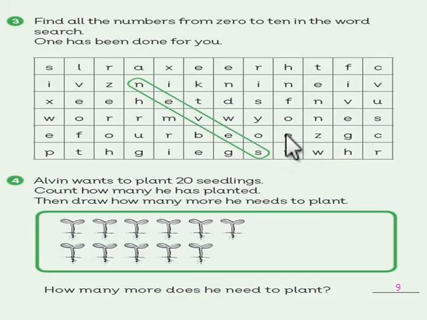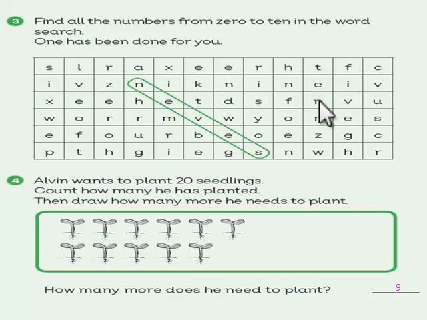T-W-O. Where's T-W-O, 2? Can we find number 2 here? Where are you, number 2? T-W-O. Let's find letter T. Where's letter T? There. Okay, but not there. T-W-O. Do you see 2? Not yet?